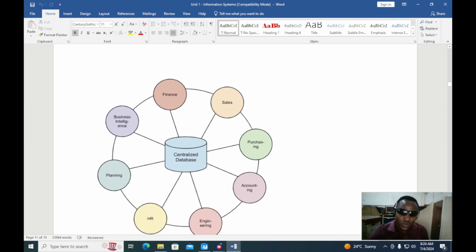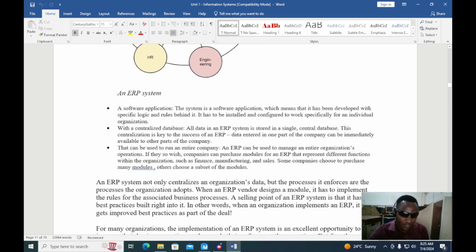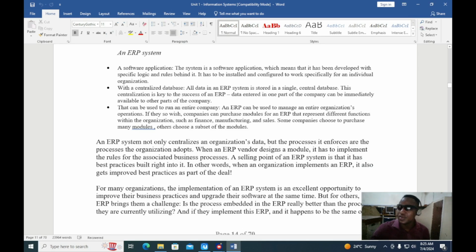It is available to all these departments with immediate effect. If sales delete some data, the data is deleted for all these departments. If they update some data, the data is updated for all these departments. Any changes made by one department are visible and available to all the other departments immediately. That is the essence of the ERP having a centralized database.